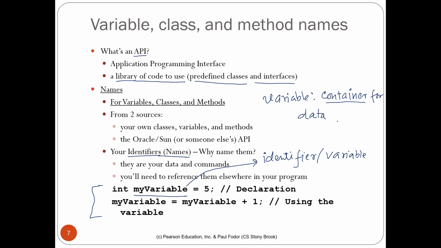As an example, suppose I'm asking you to write a program which will compute something like this: if I give you x, then you should compute x square. So you will be giving me x and I will compute x square. Now, whatever you are giving me as x can be changed.